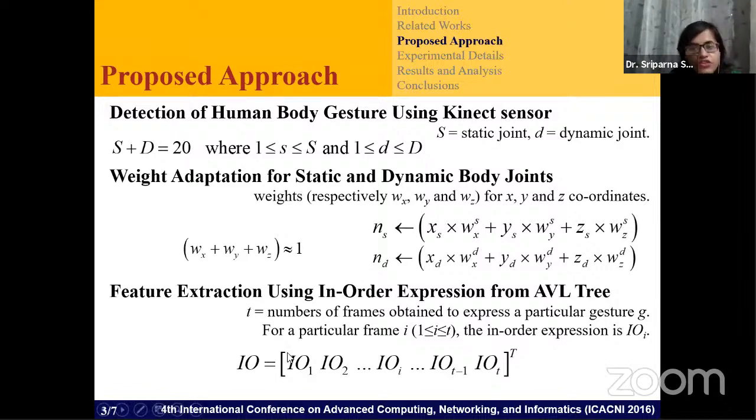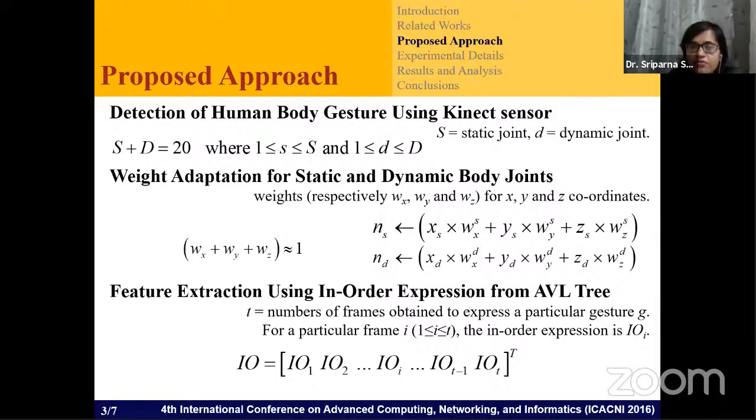Now for each of the joints, there is a weight adaptation. So for the static joints in this particular scenario, how many values will be there? As all the joint data points are 3-dimensional, there will be X, Y, and Z dimensions.